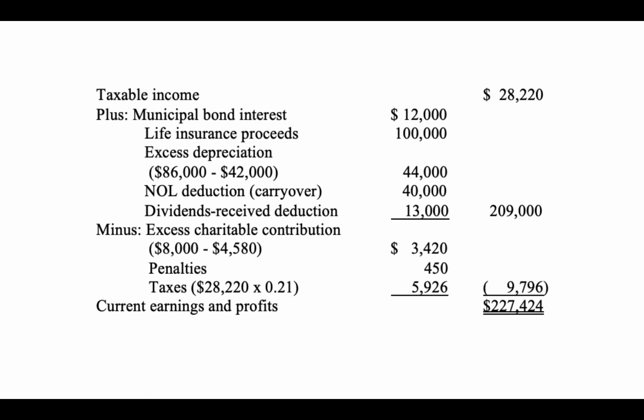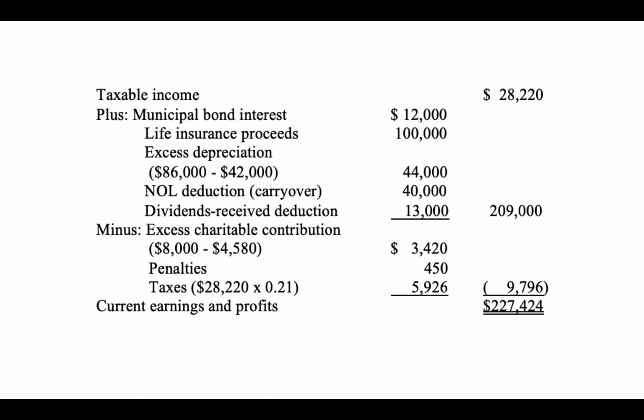We add back the net operating loss carryover because we dealt with that net operating loss in earnings and profits in the year it actually happened. We also add back the dividends received deduction because the whole dividend benefited me economically. I just didn't have to report it all in my income. We subtract excess charitable contributions because I actually made a full payment of $8,000. So I'm going to subtract what I was not allowed to deduct on my tax return.